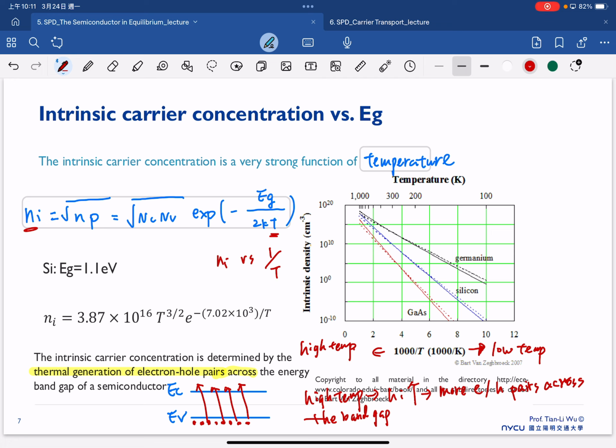That also suggests that once we have more electron hole pairs across this band gap, in the end it causes higher leakage current.